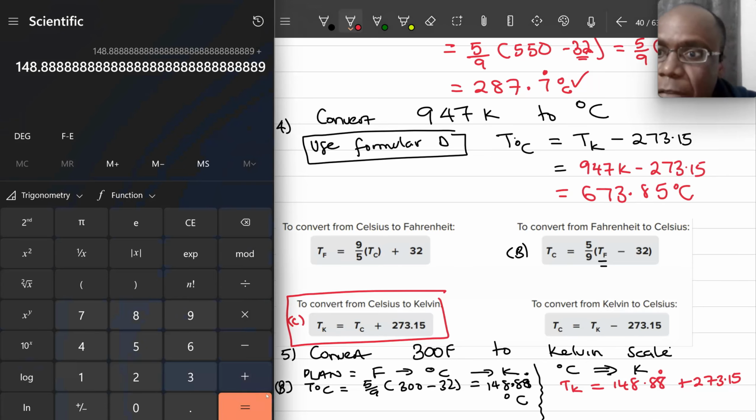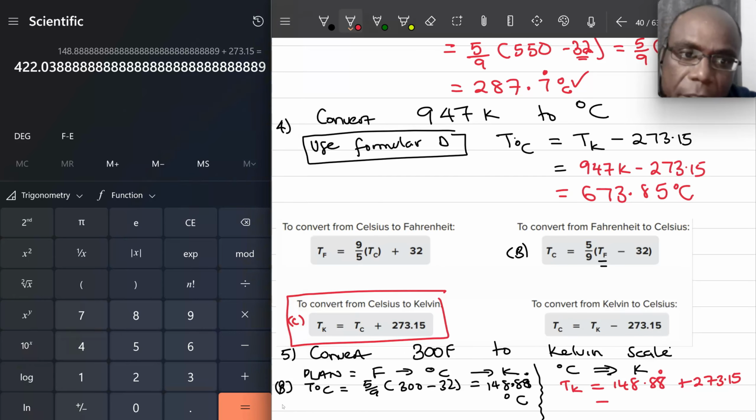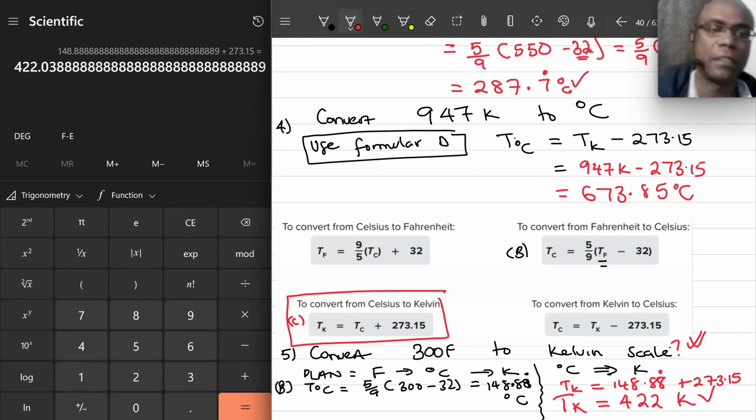The final answer, the temperature in Kelvin needed in this problem, is about 422 Kelvin. Again, in the homework or the test, you'll be told how many significant figures to report these to.